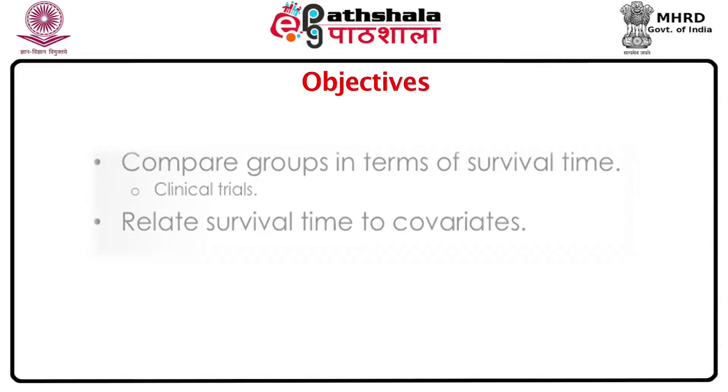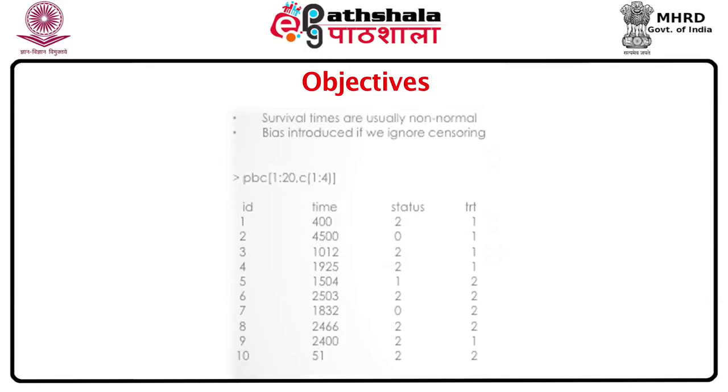More generally, our covariate need not necessarily be one single binary covariate or one single categorical covariate. We could have a continuous covariate, or we could have a mixture of some continuous, some categorical covariates, and we wish to relate the survival time to this set of covariates. However, there are some complications introduced by the nature of the problem. Now note that I have said that survival data relates to time to an event.